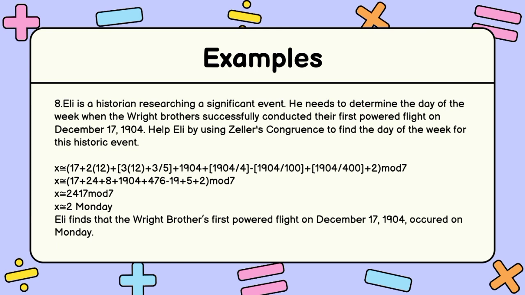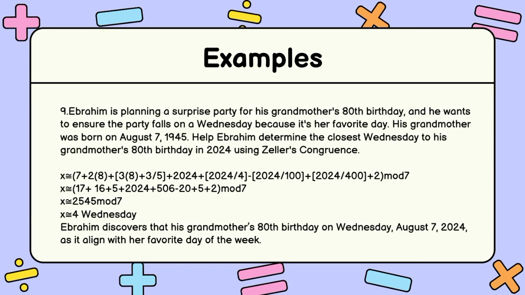So again, let's solve this using Zeller's congruence. The answer is x is congruent to 2. So it falls on Monday. So Eli finds the Wright brothers' first powered flight on December 17, 1904 occurred on Monday.